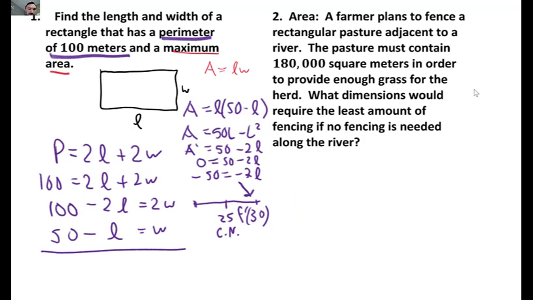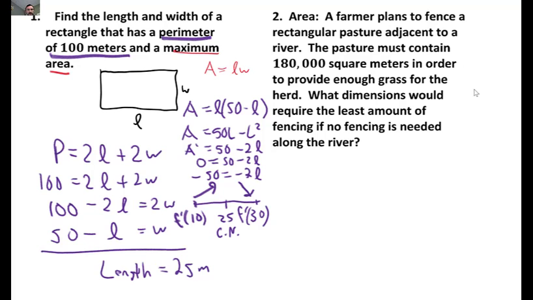And maybe test 10 into the first derivative, that would be a positive number. And the first derivative is positive, is increasing. And now I can see that when L is 25, when the length is 25 meters, that's what's going to give me a max.